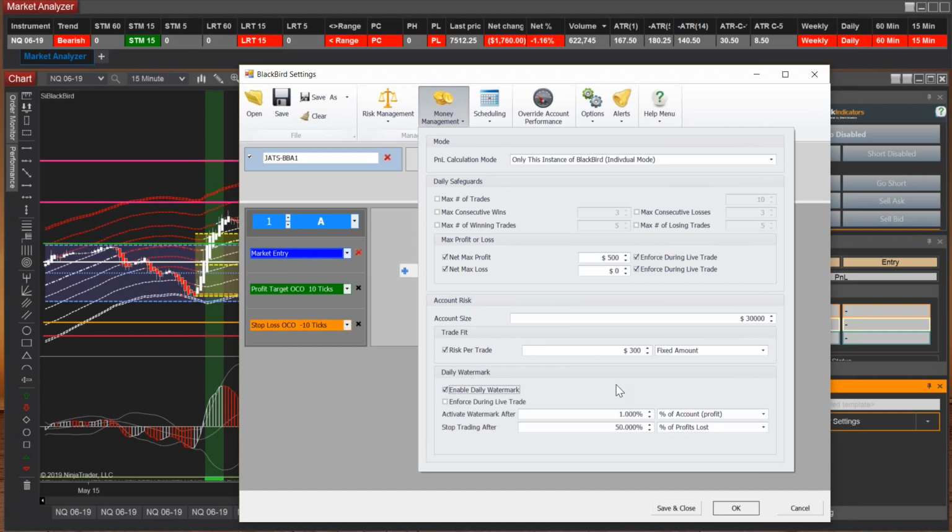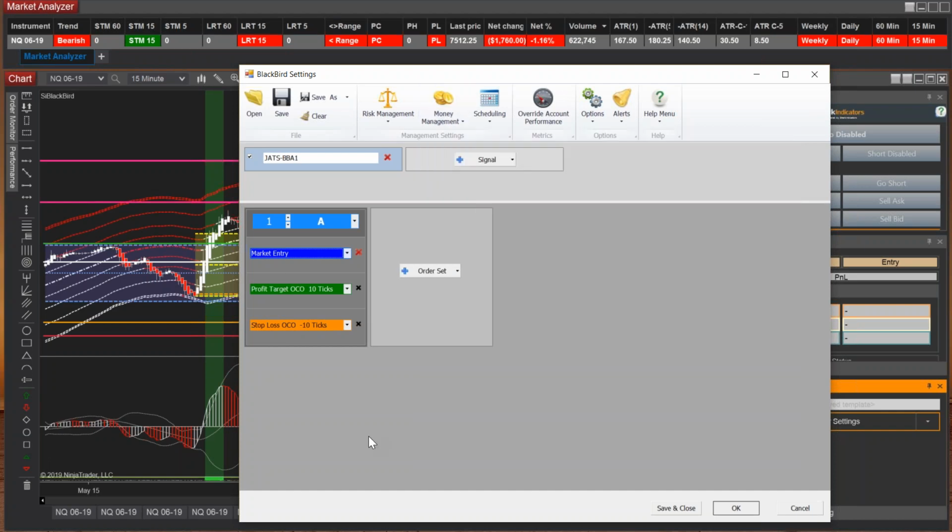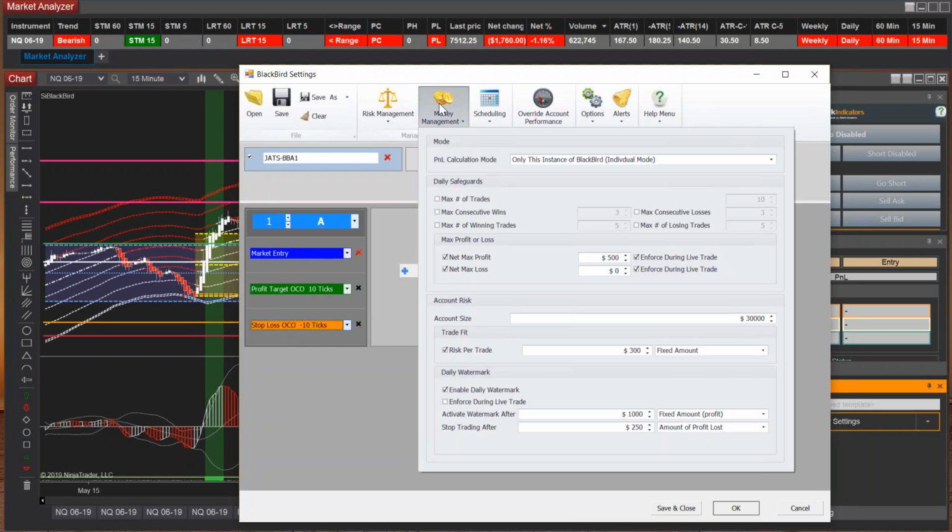You can also enable a watermark by saying, after I earned $1,000, stop trading if I lose $250. Otherwise, keep it going. If it's still going, then that's great. So keep going. Just have a watermark in case it comes back. You won't lose any more than $250.